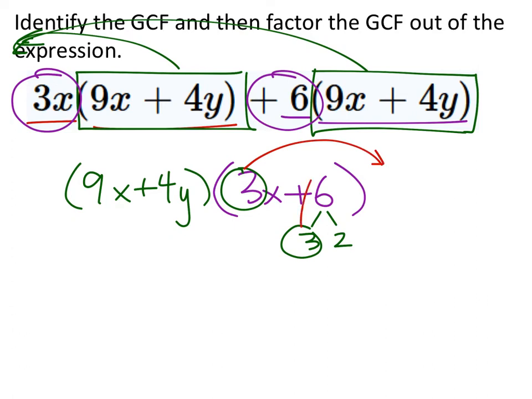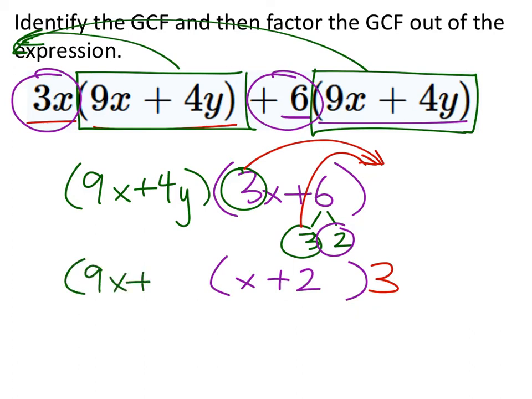I can yank out this 3 from this set of parentheses as well. So this ends up being 3 times, well, what's left over, the x and then the 2, right? And this is still multiplied by 9x plus 4y. And this was what I would consider fully factored. It's possible that the homework may want that 3 in the front.